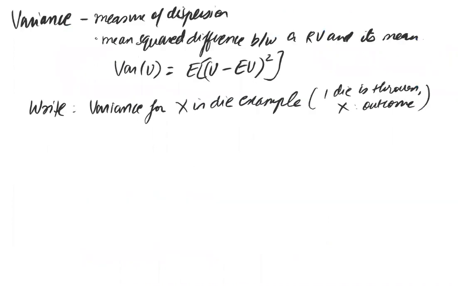Next up is variance. Now, variance is the measure of the dispersion of the values or the variability of the random variable. It essentially is the mean squared difference between a random variable and its mean, and it is written as the variance of U is the expected value of the difference between U and the expected value of U, the whole square. Let's write the variance down for X in the die example.